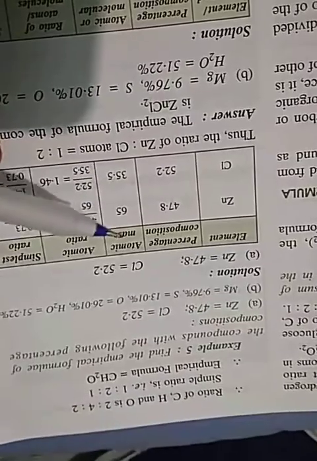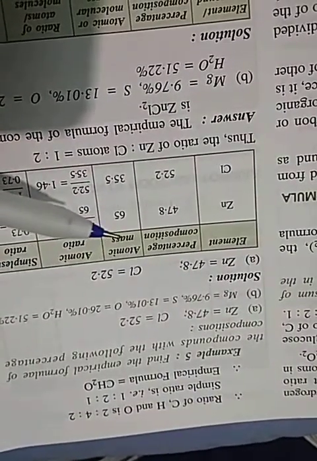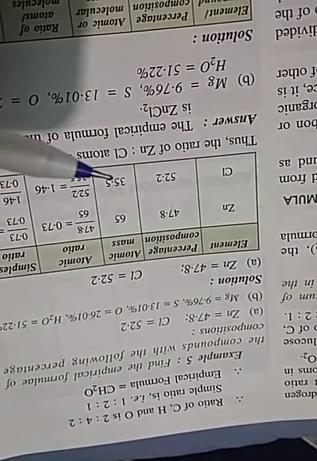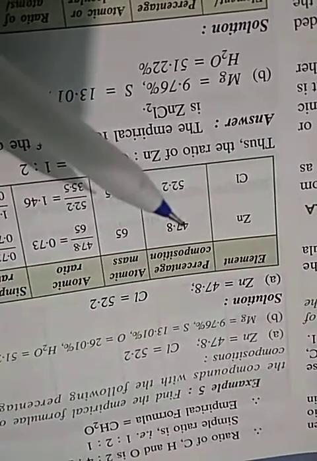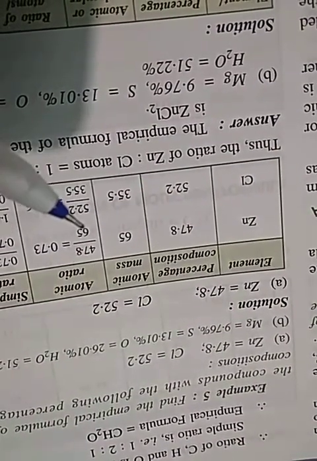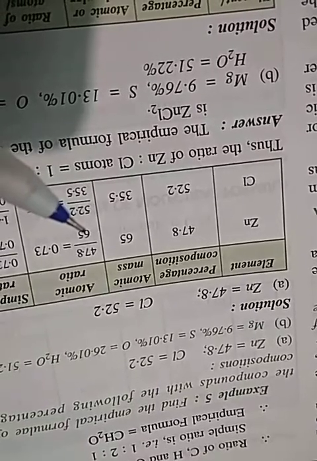Then here is your atomic mass. Atomic mass of zinc is 65 and atomic mass of chlorine is 35.5. Now divide this percentage by atomic mass.